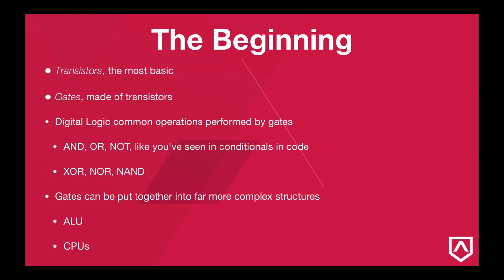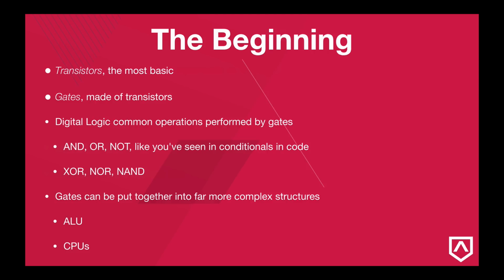So the transistors, the most basic little switches, can be used to build logic gates. And these are made up of transistors and they perform something that we as programmers do finally recognize, which is Boolean logic. And, or, and not. We've used these in if statements and while loops and so on, and other operations like exclusive or, nor, and NAND.